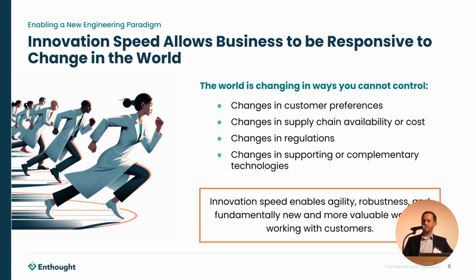But this new engineering paradigm does not just offer a minor acceleration of your current processes. It allows companies to fundamentally change and improve how they deliver value to their customers in ways that help differentiate their products, increase market share, and increase profit margins. So now let me explain how and why things are changing.